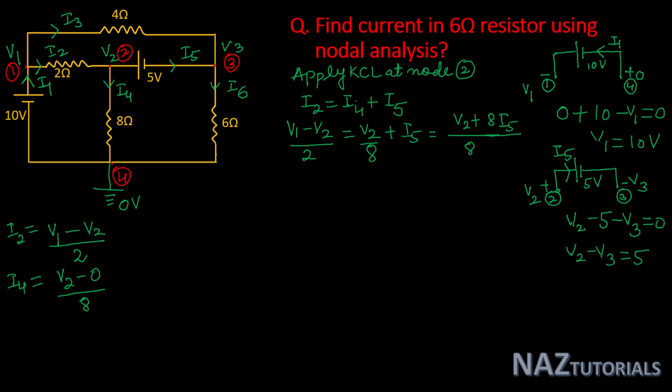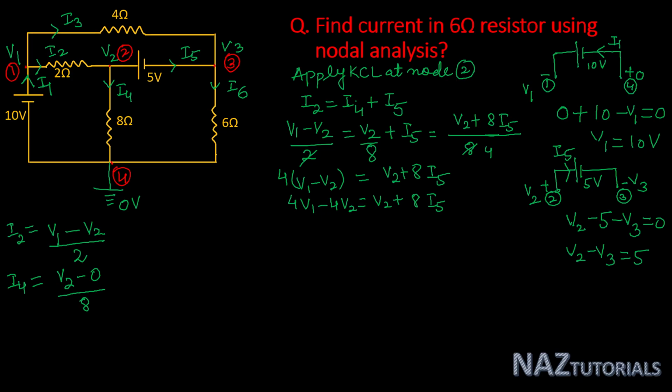So here you can write, 2 4s are 8, so V1 minus V2 into 4 is equal to V2 plus 8I5. So you can solve this equation. This is 4V1 minus 4V2 is equal to V2 plus 8I5.